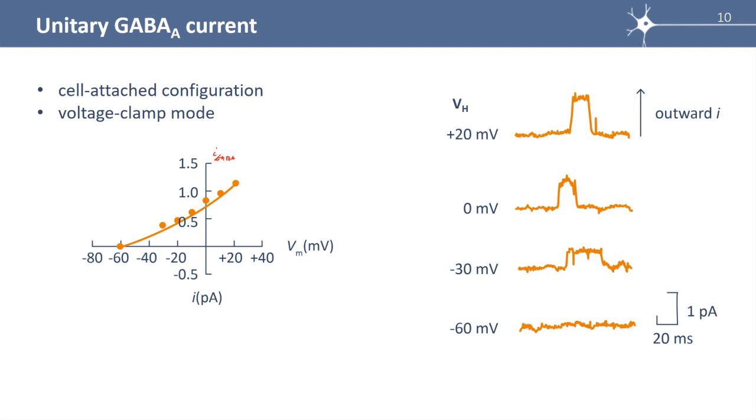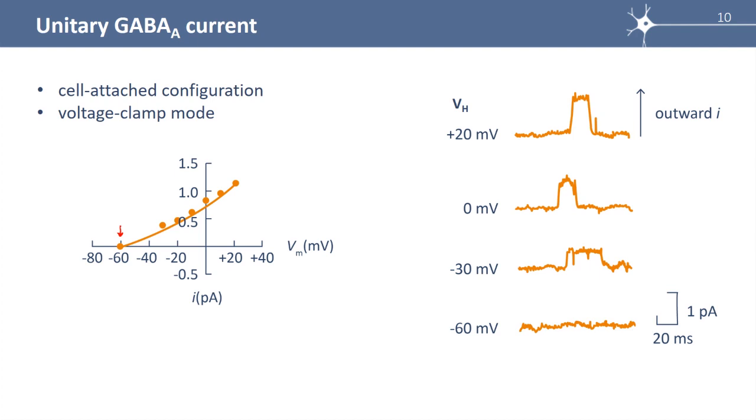And now we have the impression that the current reverses at minus 60 millivolts. Here, the possible reversal potential of the GABA current is minus 60 millivolts. This suggests that chloride ions are involved.